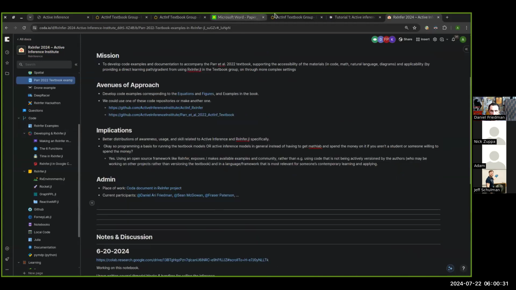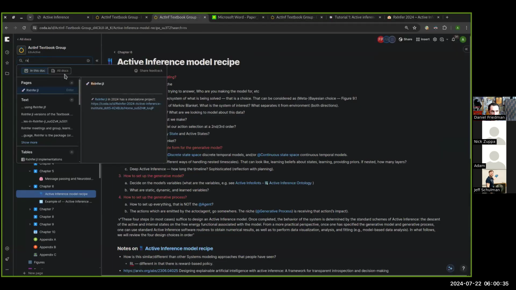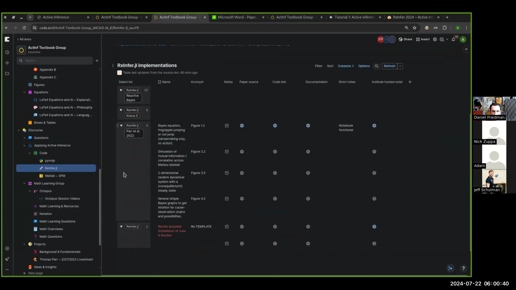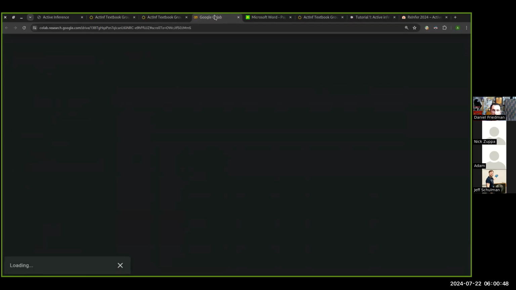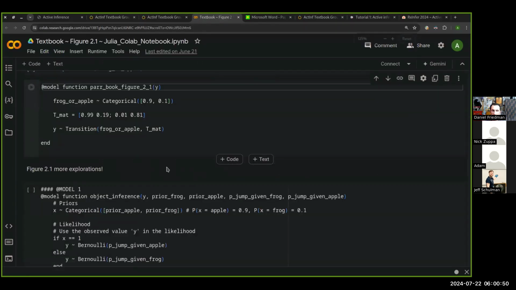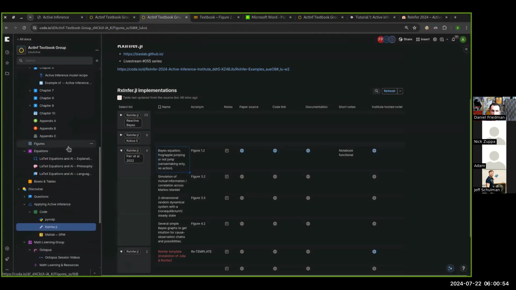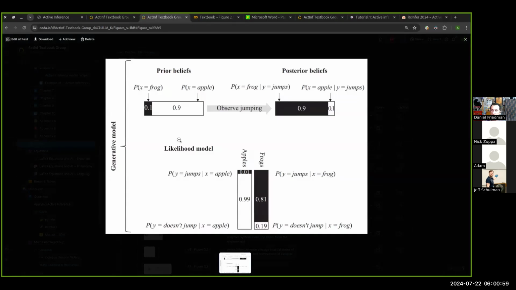So let's see where 1.2 is. Okay, figure 2.1. This is not a case of active inference. This is just a passive inference.